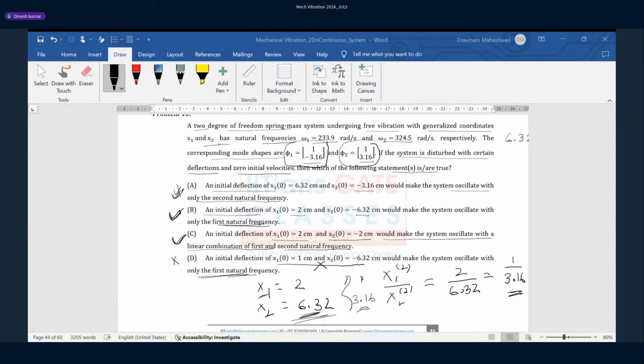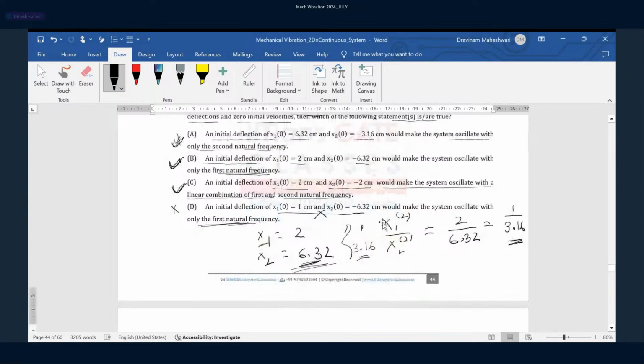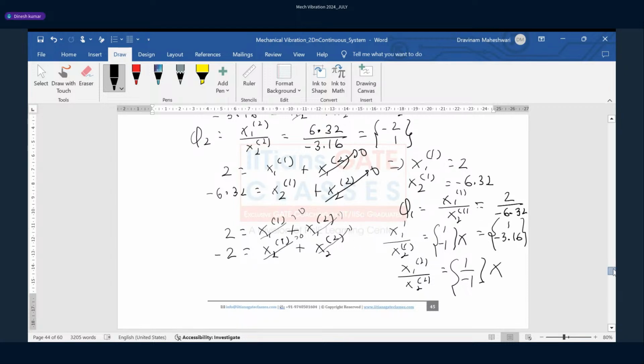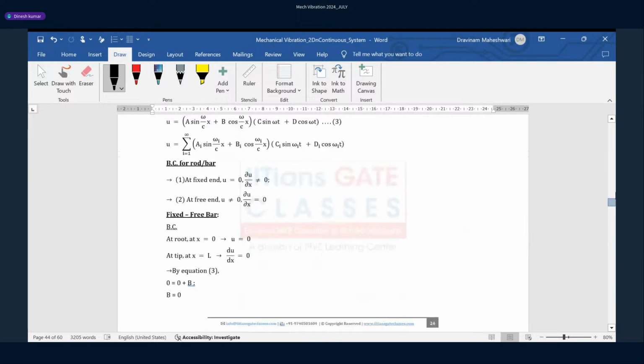See, in option C, they have given initial displacement for mass m1 as 2 and for mass m2 as minus 2. And if you use mode shapes and these two equations, you will get all non-zero quantities. You have seen in the previous class, we have solved one question. You remember that question we solved, guys? I'll just show that question.